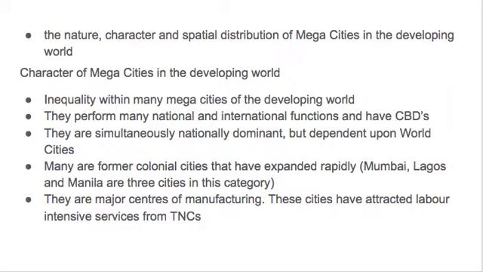Many are former colonial cities, so we've got post-colonial countries that have obviously been affected by the process of colonisation, and it's about these nations figuring out how they can best function after colonialism. And also, as I said before, they attract cheap labour services for your big TNCs.